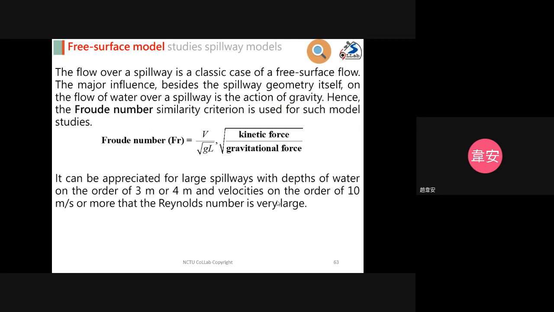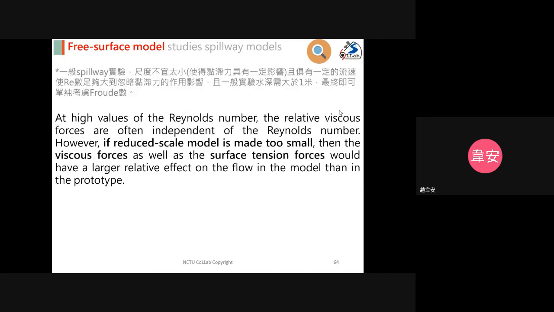The Froude number is the velocity divided by the root of the gravity multiplied by the length unit. Usually the length unit here is related to the water depth.